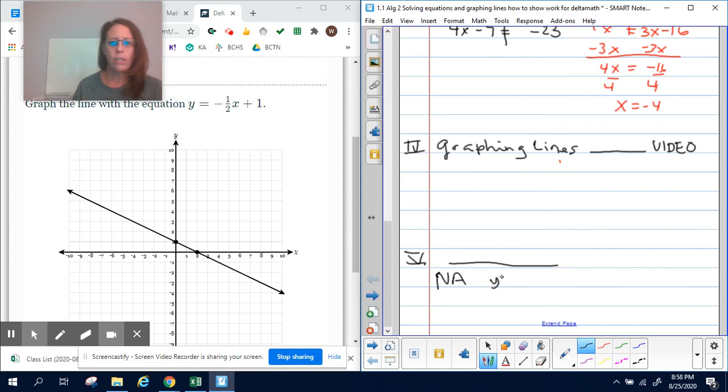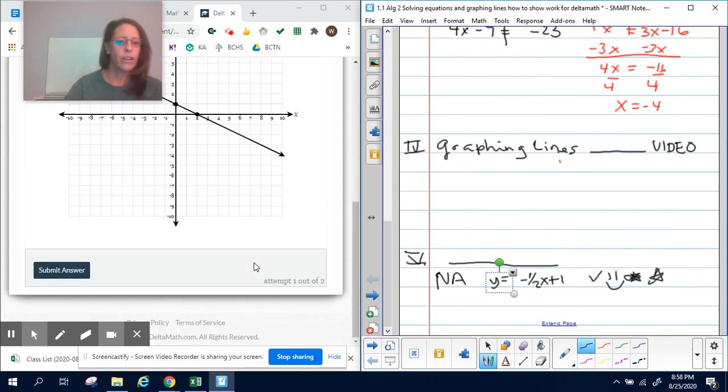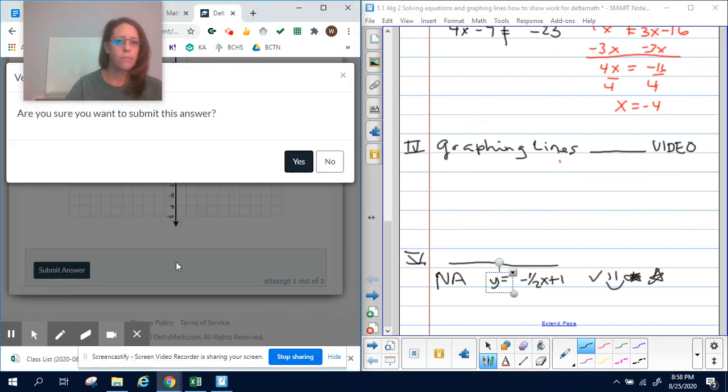Or you could even go a little extra here and say the question and then say check mark for correct or happy face, something like that, or a star, so that when I grade your paper, I understand that there's nothing to show in that section by looking at that question and thinking to myself, yeah, probably they just did it in their head or on the graph. Okay, so notice submit answer.